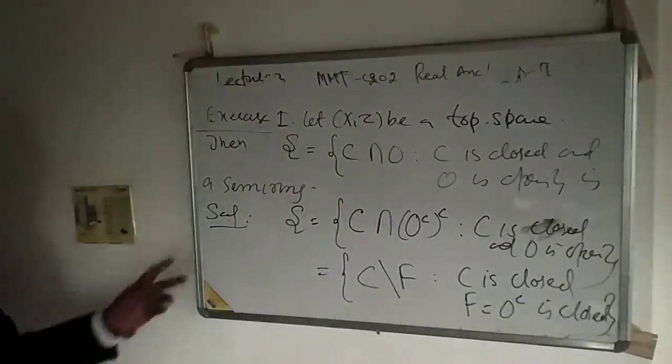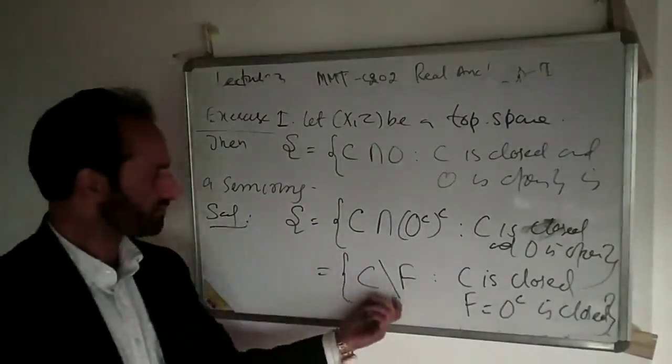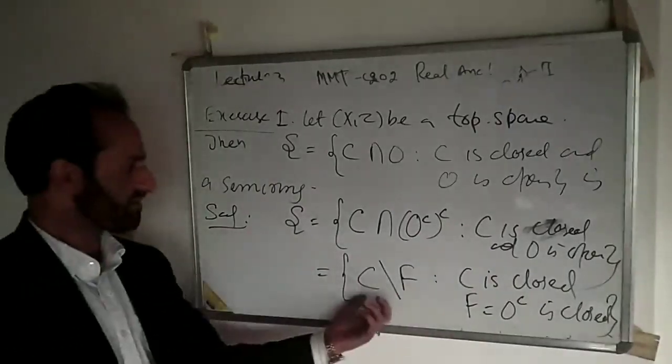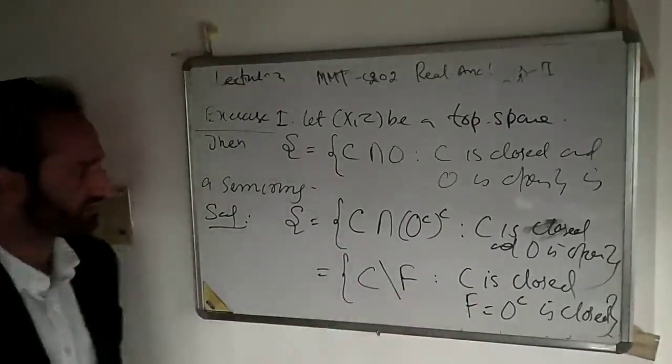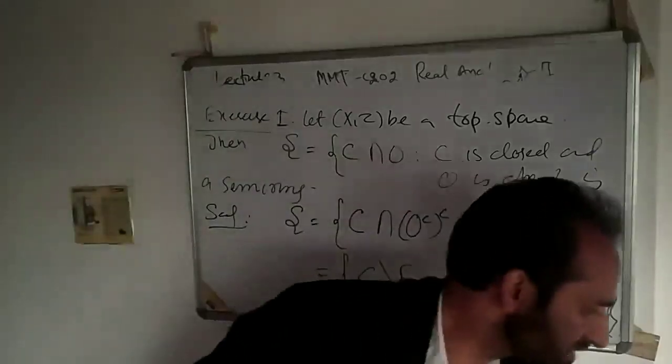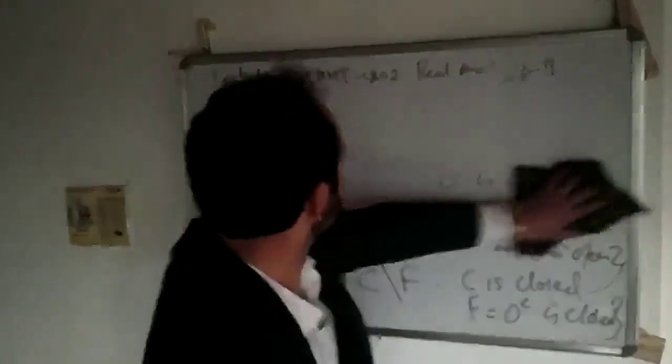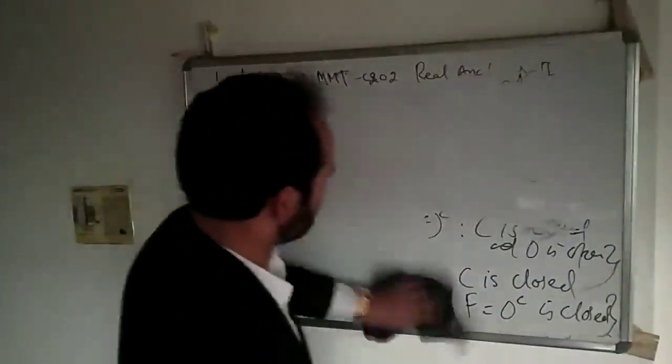So this is actually the set difference of two closed sets. We show that this class of set differences of two closed sets is a semi-ring.